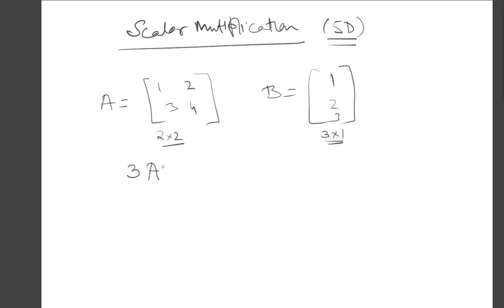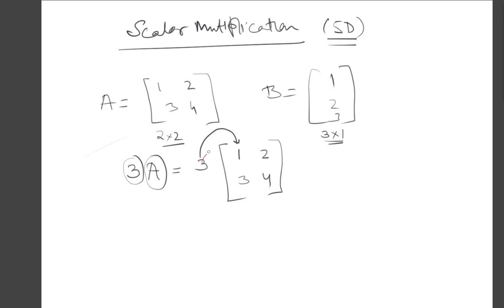Now, if I write something like 3A, that means I'm multiplying 3 to matrix A. So what does that become? I write 3 outside and I write the value of the A matrix here. What is A? 1, 2, 3, 4. And the way I did my addition and subtraction at an individual element level, I will do the same with scalar multiplication.